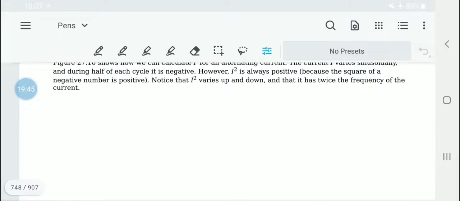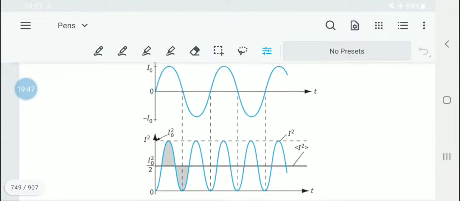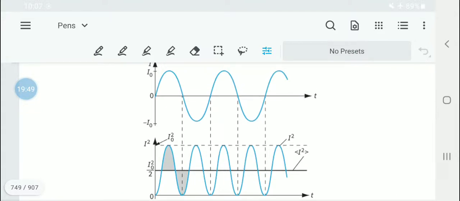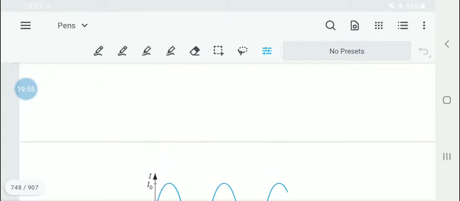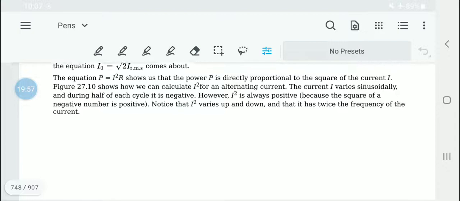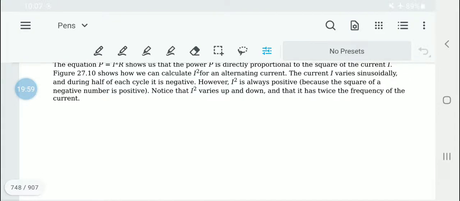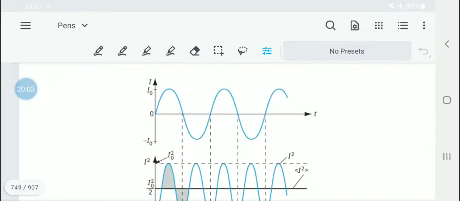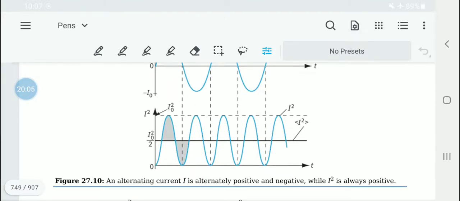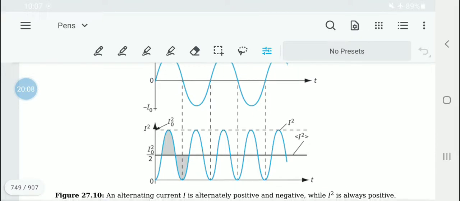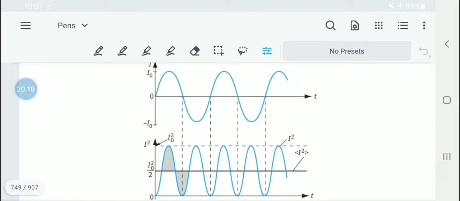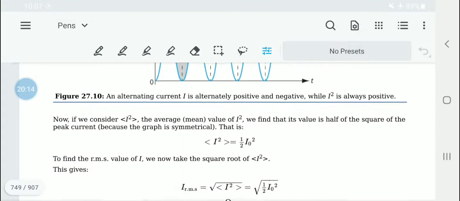So as a result, as you can see here, I squared would have double the area amount. Now when we vary this current up and down, you can see the frequency doubles at the same time. Frequency doubles at the same time. Write down a note.